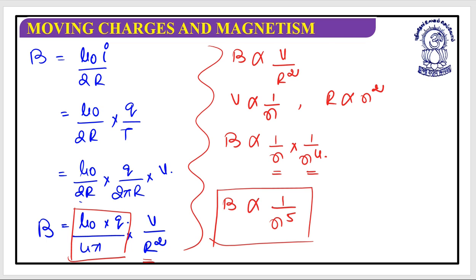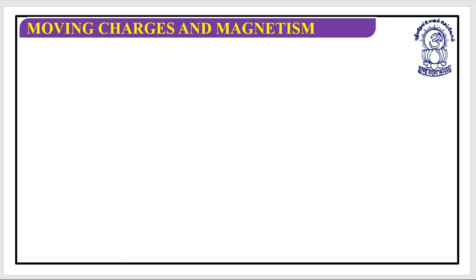One more informative question. Let's have a look. Do you remember Bohr's magneton? Do you know about Bohr's magneton? We are not going to discuss what it is theoretically, but we are just going to prove it, and you just remember the value of it. What is Bohr's magneton? Let's look at that.